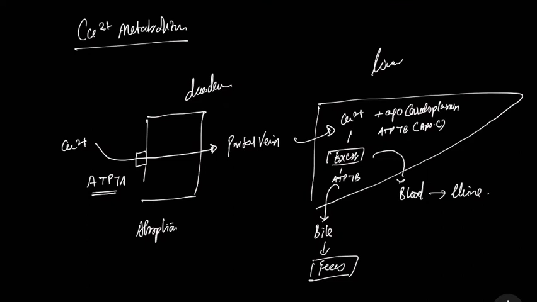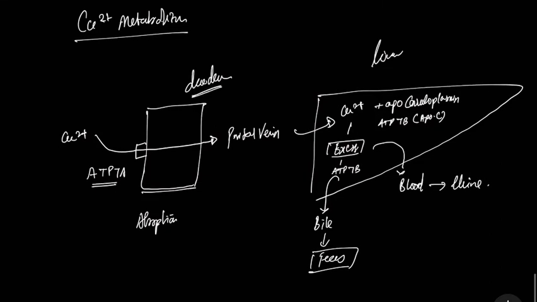Before we move ahead to the etiopathogenesis for your Wilson's disease, let's understand the physiology of your copper metabolism. Let's try to understand this rough diagram. This is your duodenum, this is your liver, and this is your portal vein. Copper is absorbed into the duodenum in the presence of your ATP7A. Then it enters your portal vein, and then it moves into your liver.